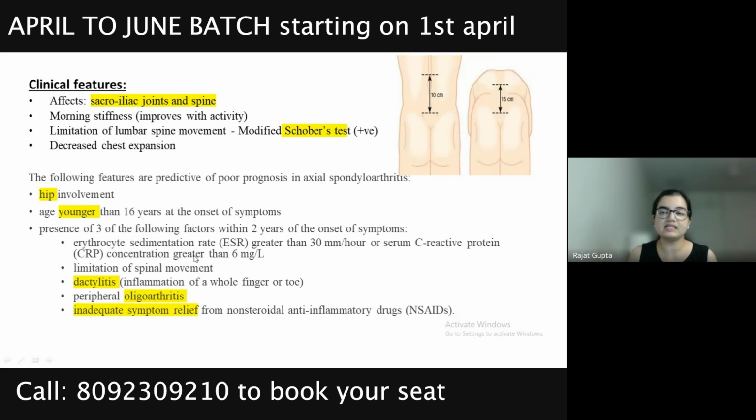If we see dactylitis, which is inflammation of the whole finger or toe, that's again poor prognosis. And if the patient is not responding to anti-inflammatories like NSAIDs, that again is poor prognosis. This part, the features that predict poor prognosis, is sometimes tested on AMC, so it's good if you remember this.